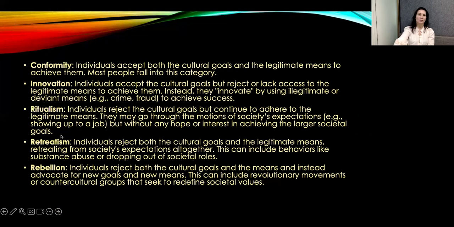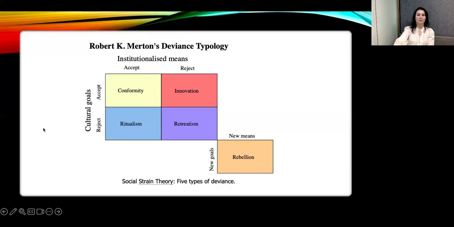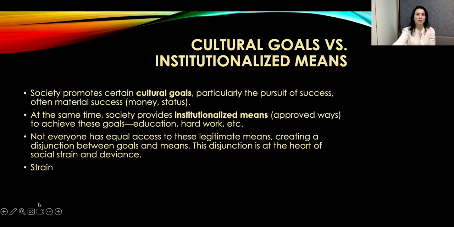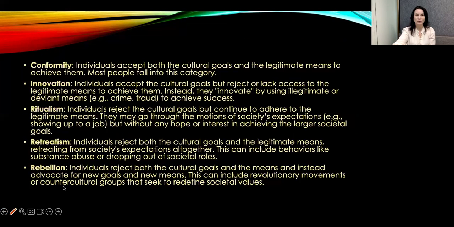If you look at here, what I did here was not only explain this stuff, but just provided a little bit of definition or explanation of every type. For example, conformity, this is changing without me wanting it. Conformity is individuals accept both the cultural goals and the legitimate means to achieve them. Most people fall into this category.